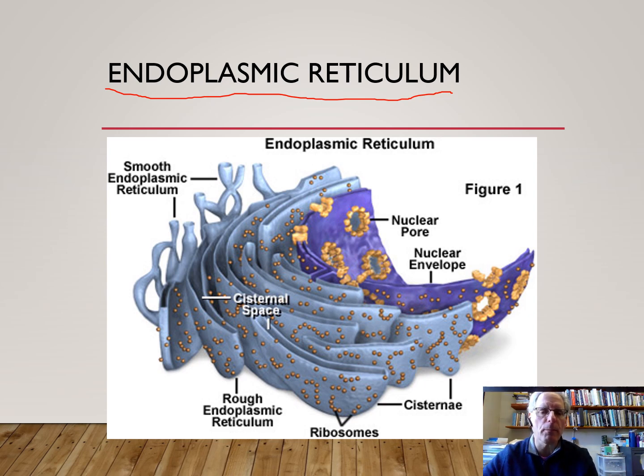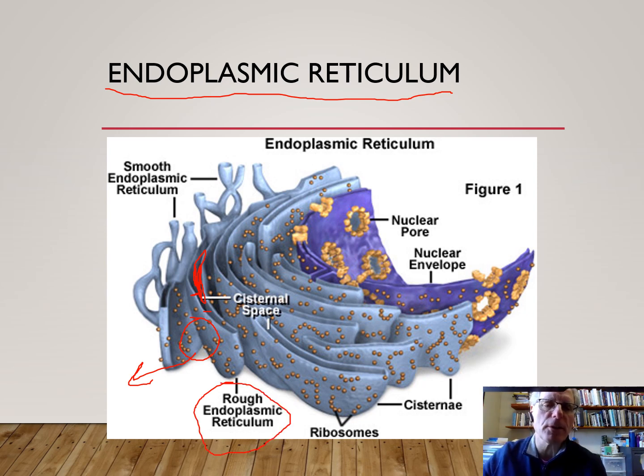They'll either embed the protein in the membrane, or they will secrete it into this cisternal space of the endoplasmic reticulum. And the endoplasmic reticulum will then assemble these proteins into a vesicle. That vesicle will bud from the endoplasmic reticulum and go to the Golgi apparatus. So this ribosome-decorated part of the endoplasmic reticulum is called rough endoplasmic reticulum.